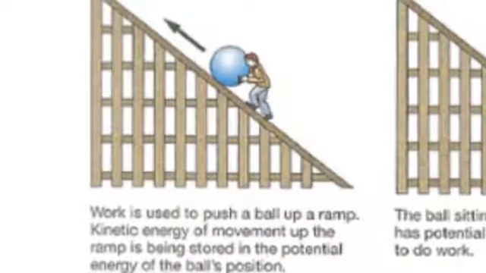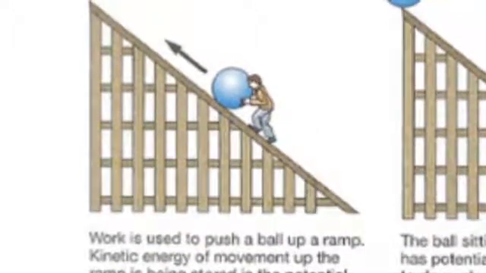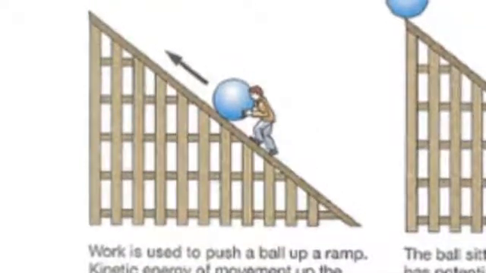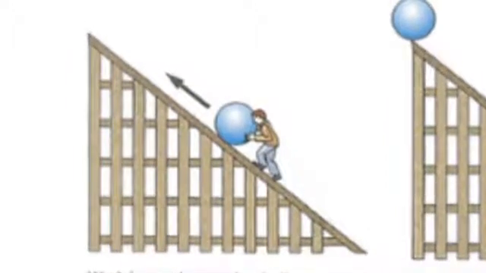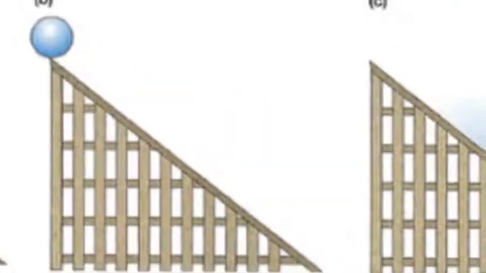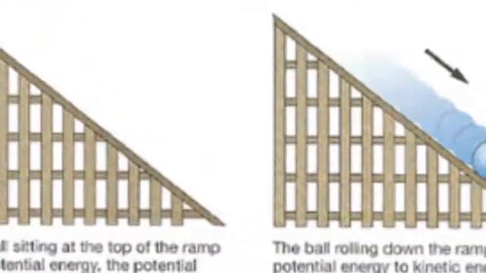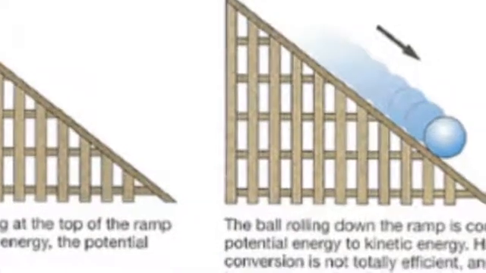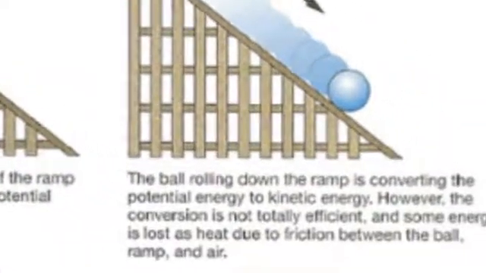A simple example is rolling a ball up a hill. When you are putting work into the ball by rolling it up the hill, you are increasing its gravitational potential energy. As the ball rolls down the hill, it transposes its potential energy into kinetic energy until it runs out of energy and comes to a stop.